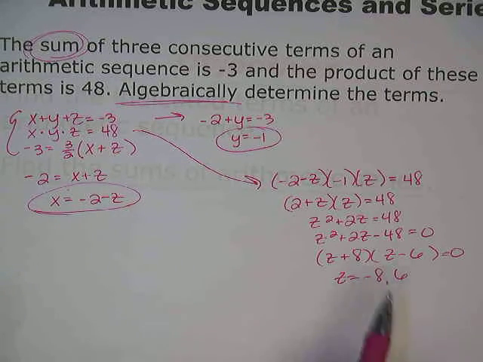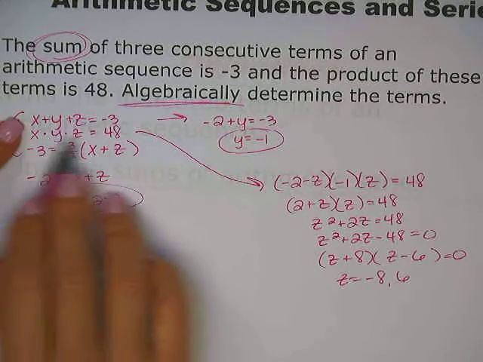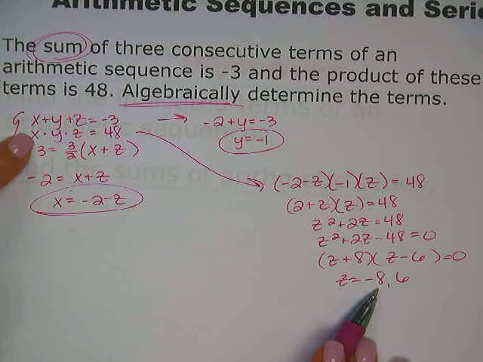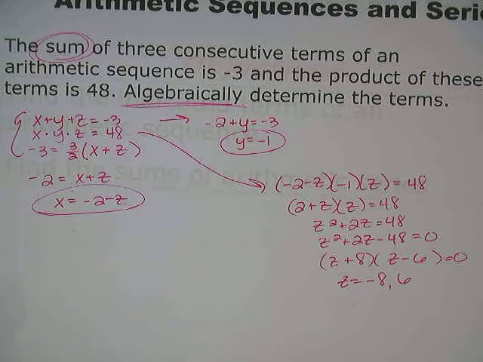So if those are my two possibilities for z, then if I plug this back in my product formula, when z equals negative 8, what's x going to be? Positive 6. And when z equals 6, what's x going to be? Negative 8.